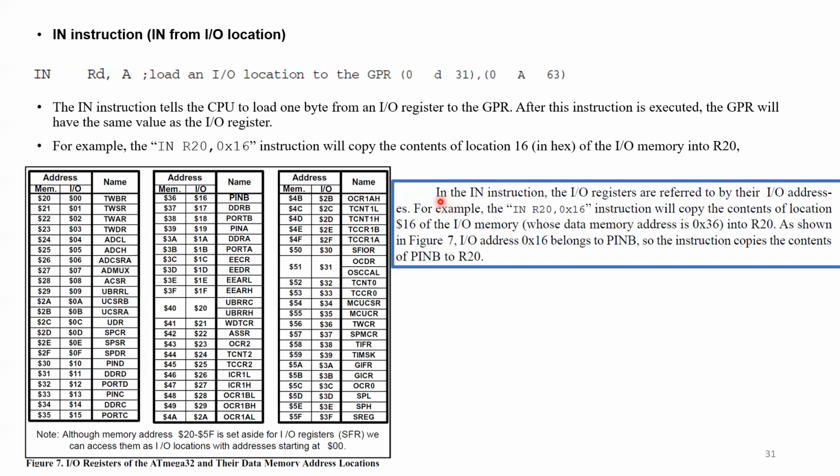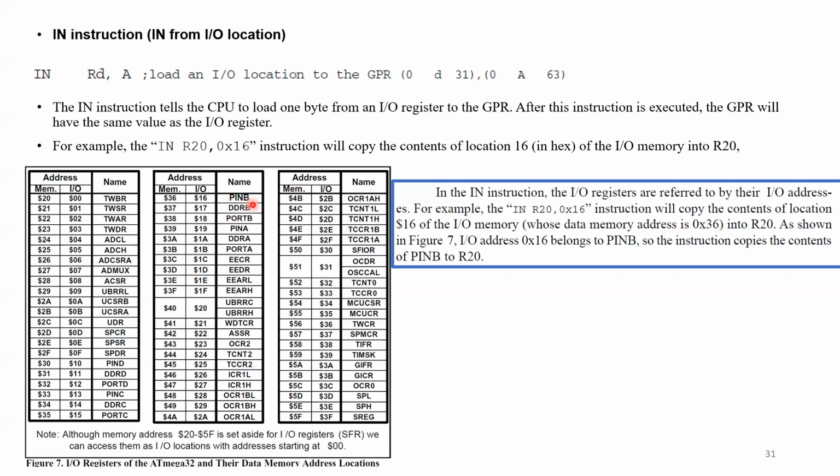Take care here in the IN instruction, the input-output registers are referred to by their input-output address. For example, IN R20, 0x16, so we referred by the address. The instruction will copy the contents of memory location 0x16 of the input-output memory, which we said is port B, whose data memory address is 0x36.